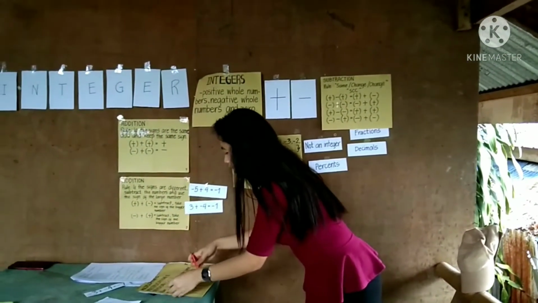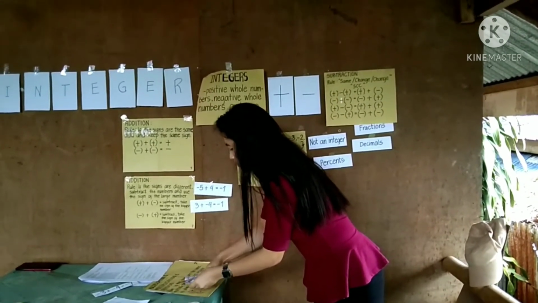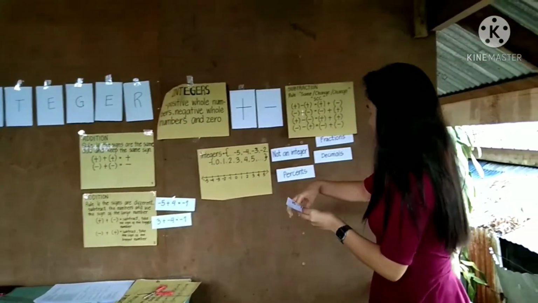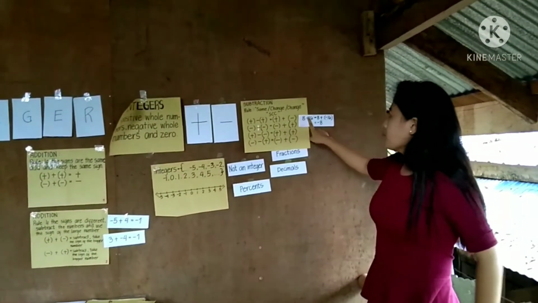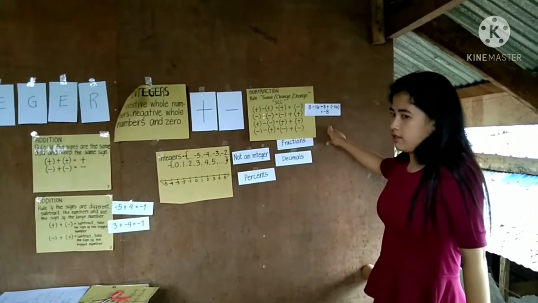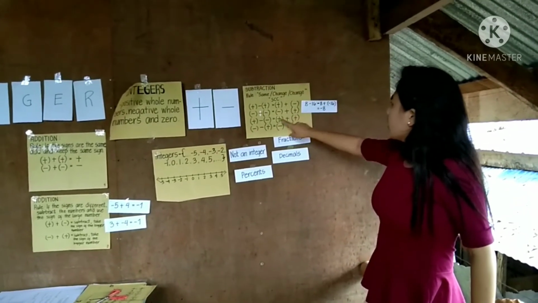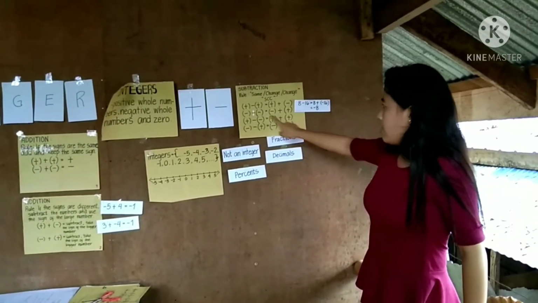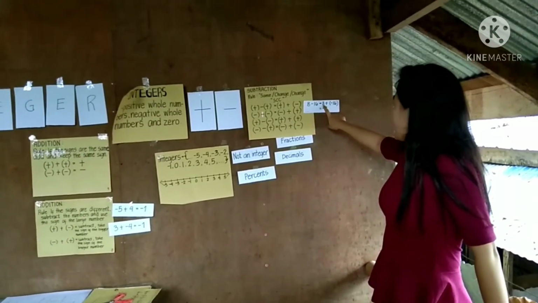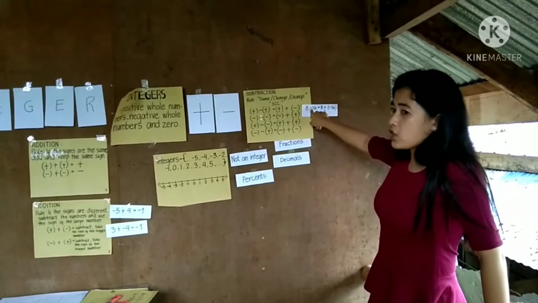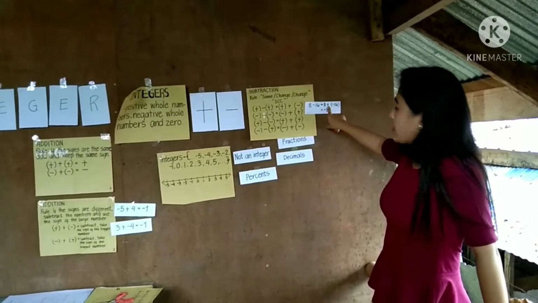So for example, okay, let's take this as an example. 8 minus 16. So rule, pareha man sila positive. So same, si 8, the same. Change si subtraction to addition na plus.